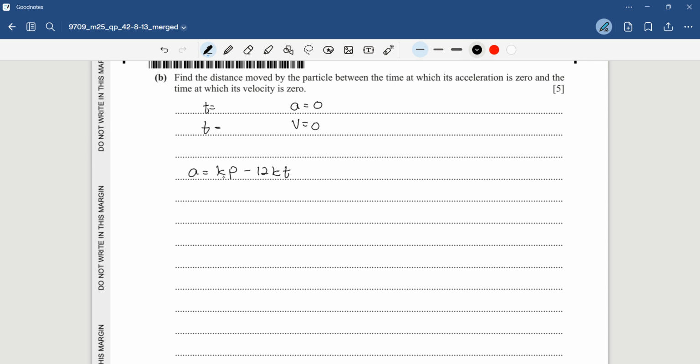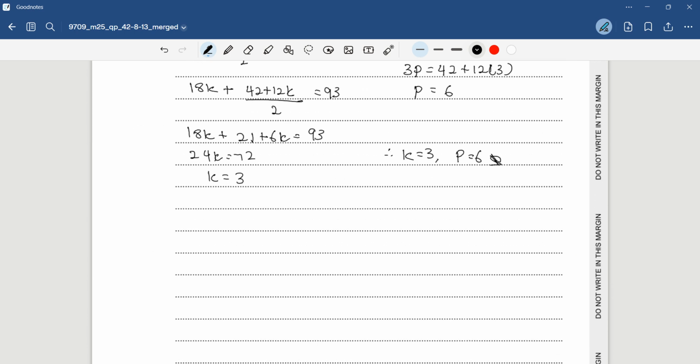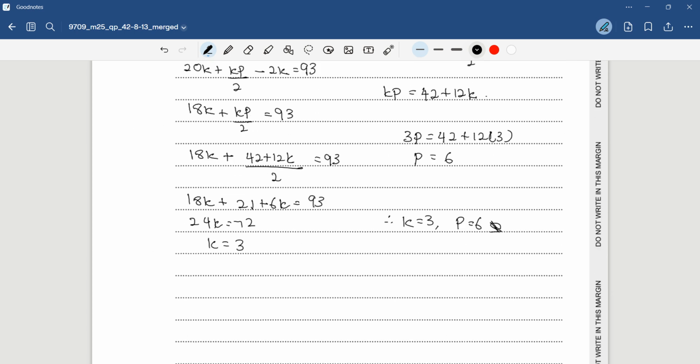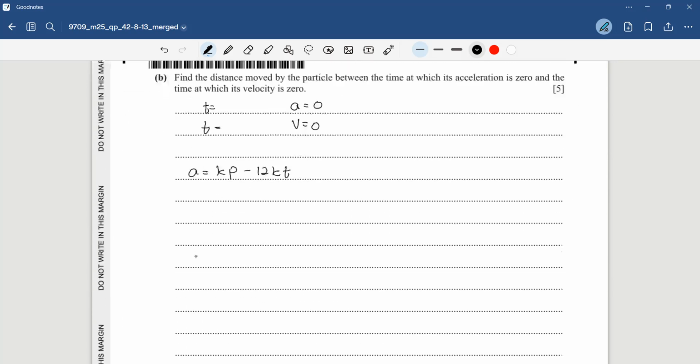So when a equal to 0, k just now is 3 and p is 42 plus 12 times 3 divided by 3. Sorry, my p is 26. So my a equal to 0, with k equivalent to 3, so 3 times 26 minus 12kt equal to 0.